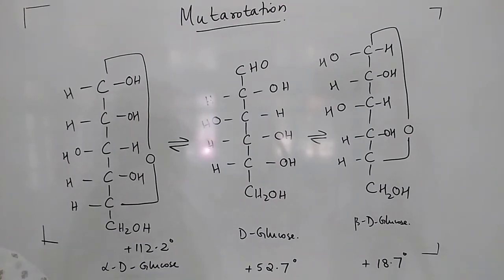Freshly prepared glucose shows a specific rotation of plus 112, which gradually falls to 52.7 and then remains steady. Once it reaches 52.7 it becomes steady.